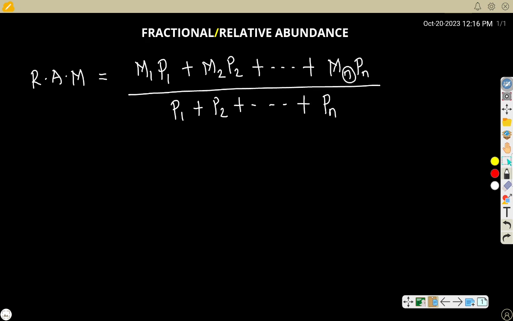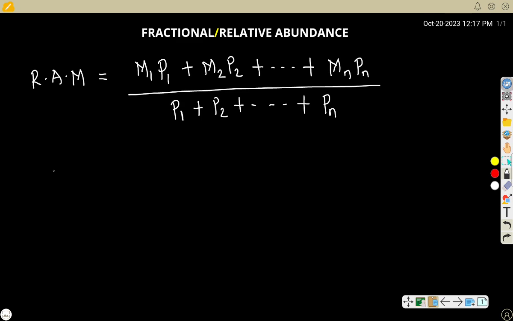Instead of continuing till infinity, we just say mn pn, where n is any number. So this is the general formula for the relative atomic mass.